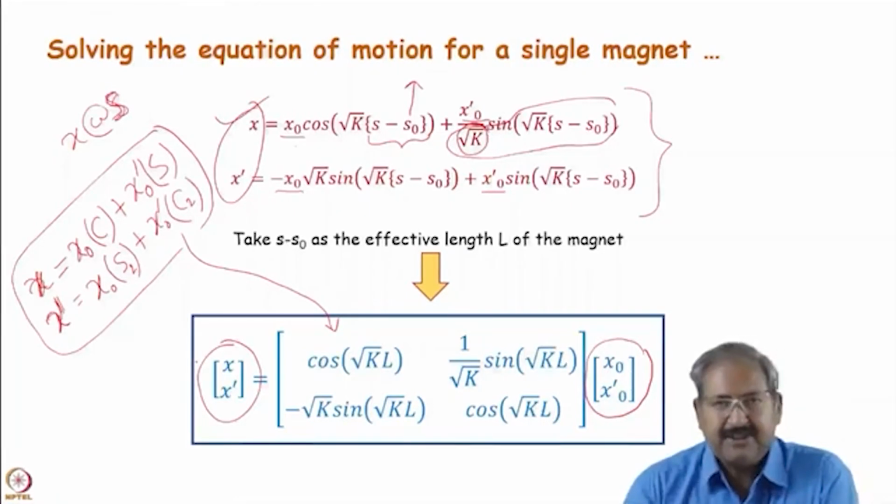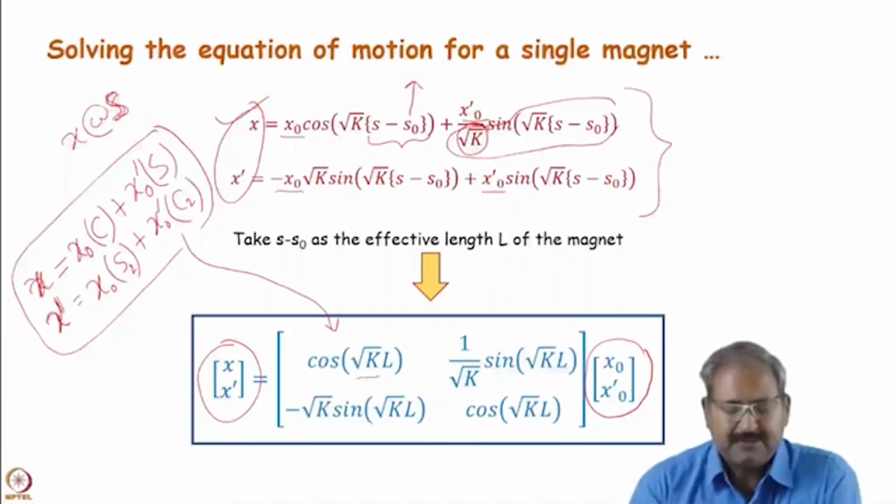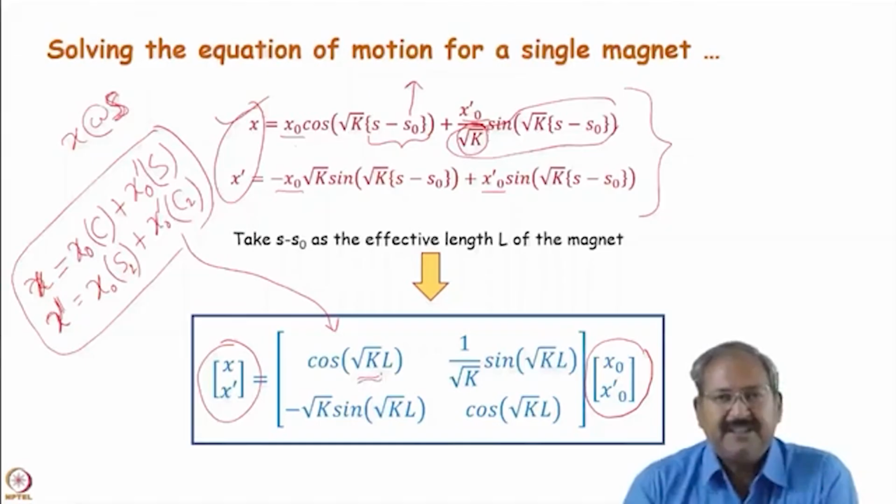Here this solution is most general. Most general means we have obtained the solution in terms of k, and we have seen that for different magnets k has different values. For dipole magnet it is 1 by rho square. For quadrupole magnet it is just the gradient normalized by the magnetic rigidity, and in the case of drift space k is 0.